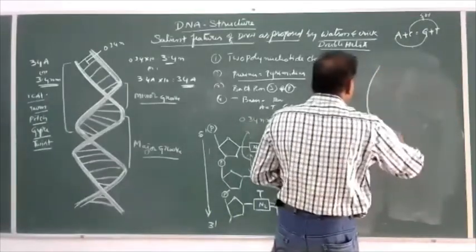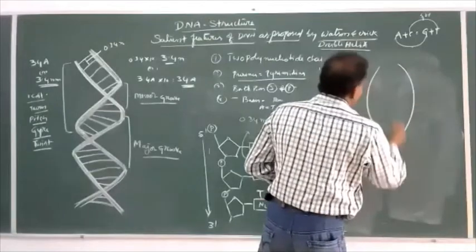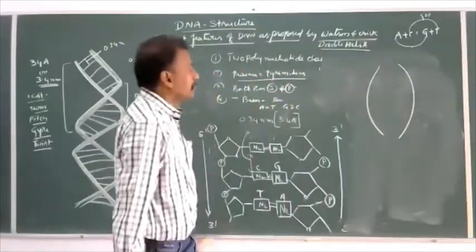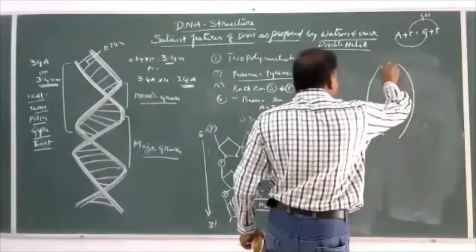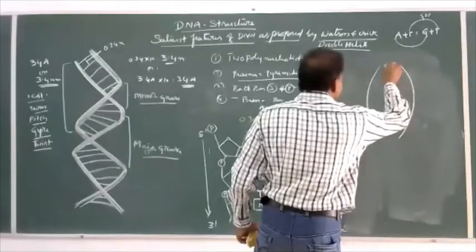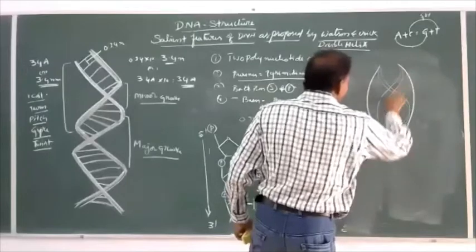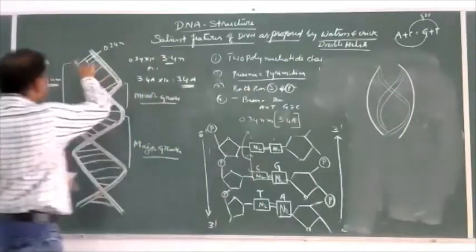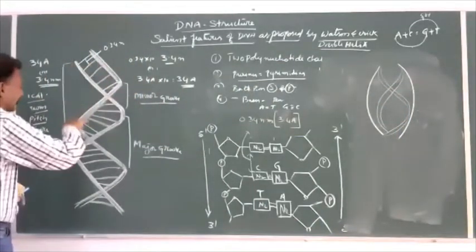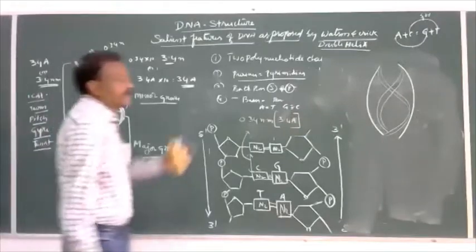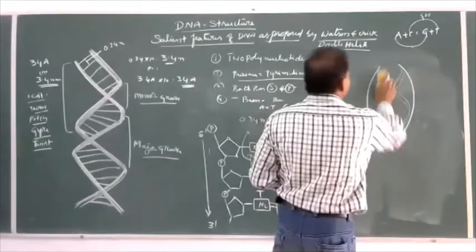This is one complete turn. So in the diagram, for simple information, we can join.